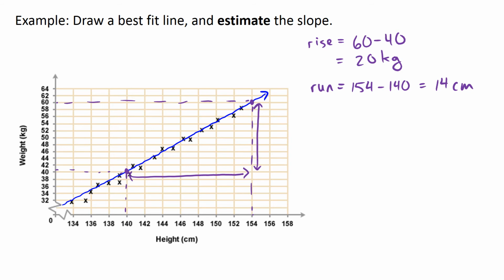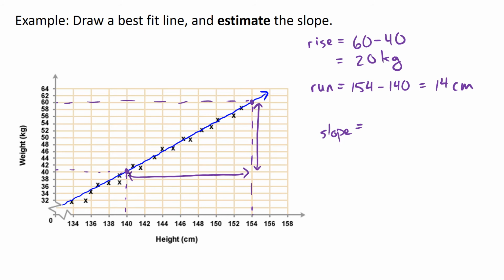So the estimate is coming from the fact that we have drawn a best fit line, which is sort of an estimate in itself. And depending on how well placed our points are on our grid, there's also a bit of estimating in there. So I'm going to calculate the slope, but all of this has relied on some level of estimating.